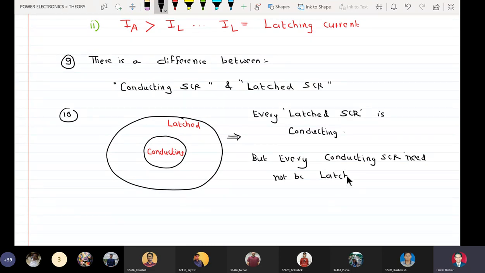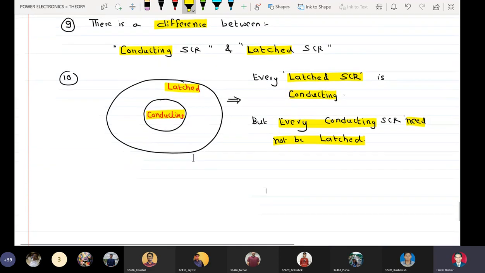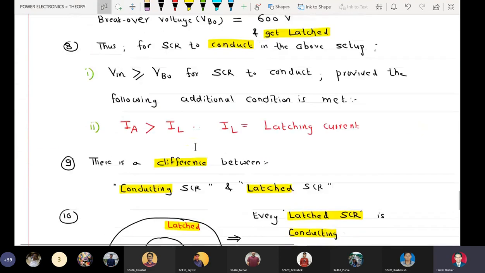We'll give the definition subsequently in the future.